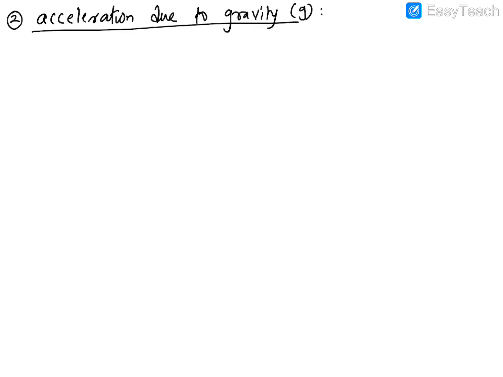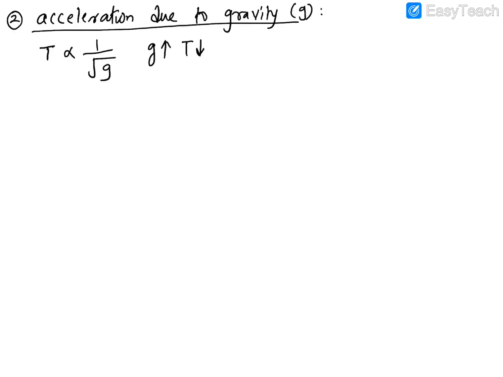Time period is inversely proportional to the square root of gravity. Got it now? What does it mean here? That if you increase the gravity, the time period has to decrease. They are inversely proportional, just like frequency and time period.